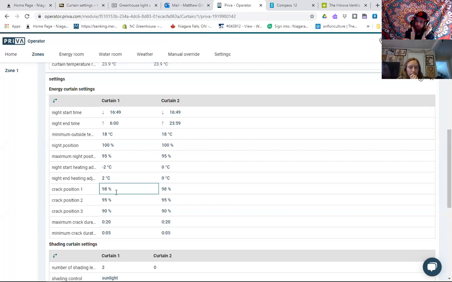The sensors are going to figure out what's going on in the greenhouse itself. And if everything is okay, after minimum crack duration of, I think that's 5 minutes, after 5 minutes, we're going to open up another 3% to 95%. Okay. Allow a little more of that air to mix.